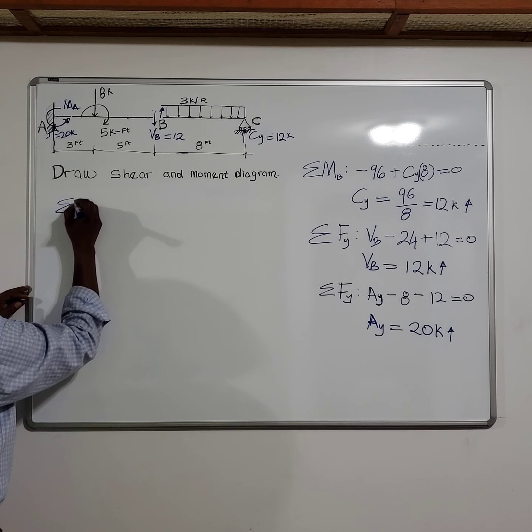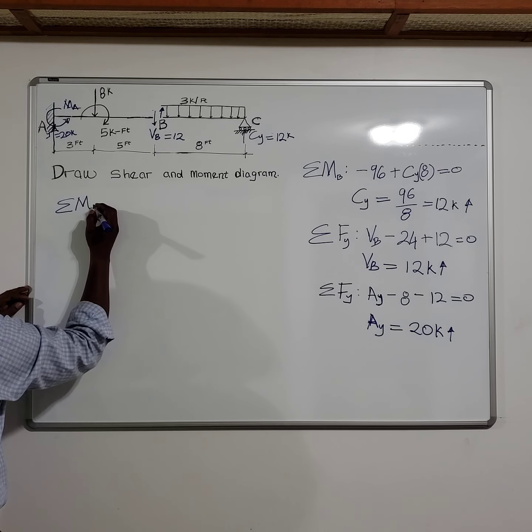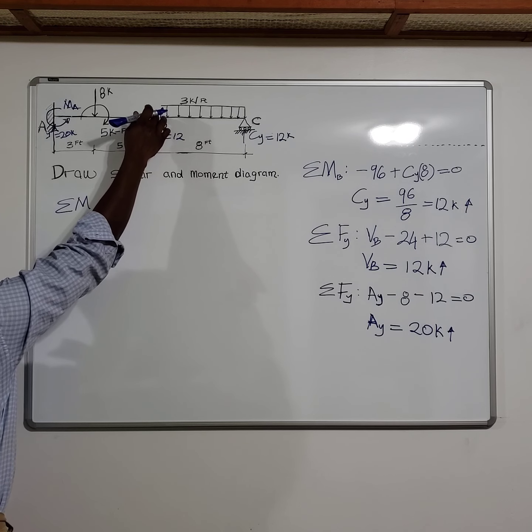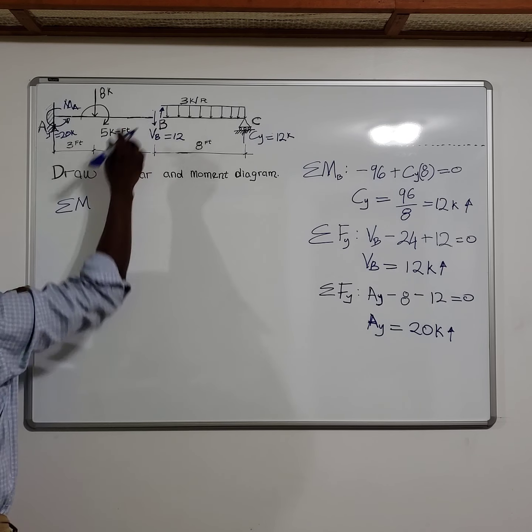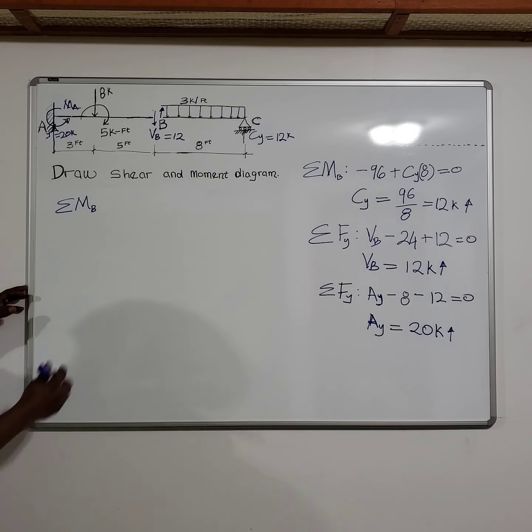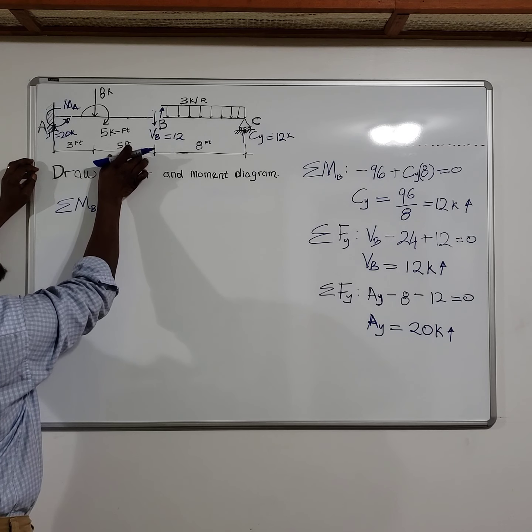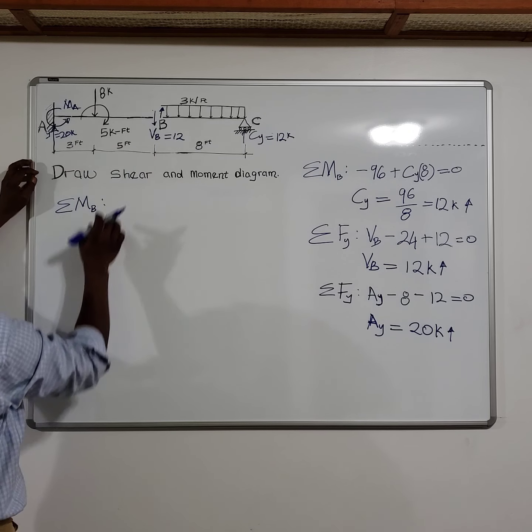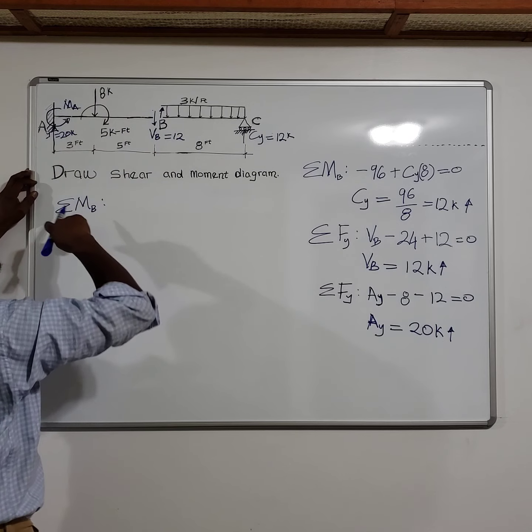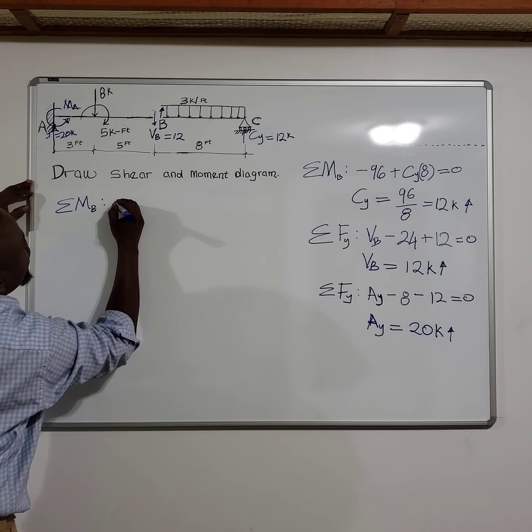So sum of the moment at, let's say, point B. Sum of the moment at point B, since we know the moment at that point is 0. So that gives us 8 multiplied by 5, and it's turning counterclockwise about this point, so that's positive.